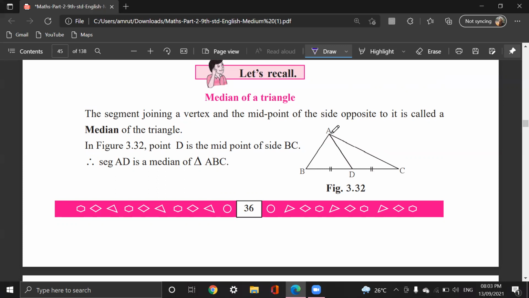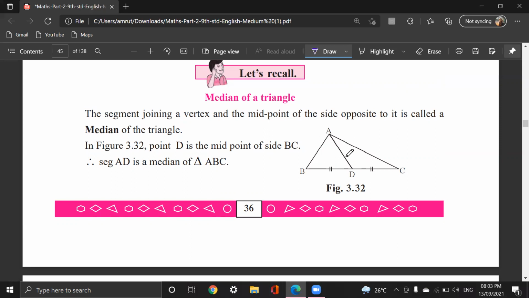So what is a median? It starts from one of the vertices and it goes towards what? It ends on the midpoint, and midpoint of what? Of the side opposite to it. So it starts from one vertex and ends at the midpoint of the side opposite to it, and that is called the median.